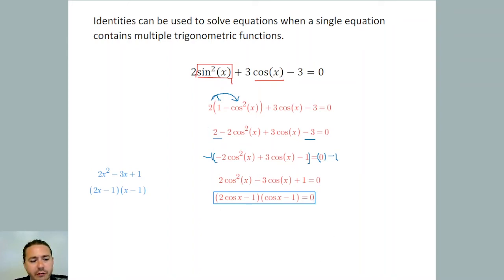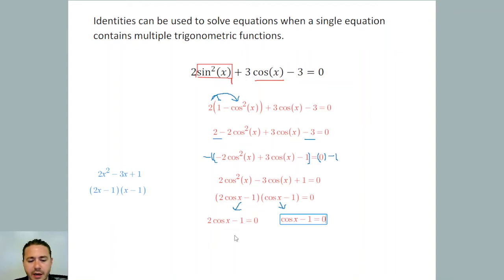Now I can solve it the same way we did the ones last time, which is to use the zero product property to set each one of these expressions equal to 0. So 2 cosine x minus 1 equals 0, and also cosine x minus 1 equals 0.